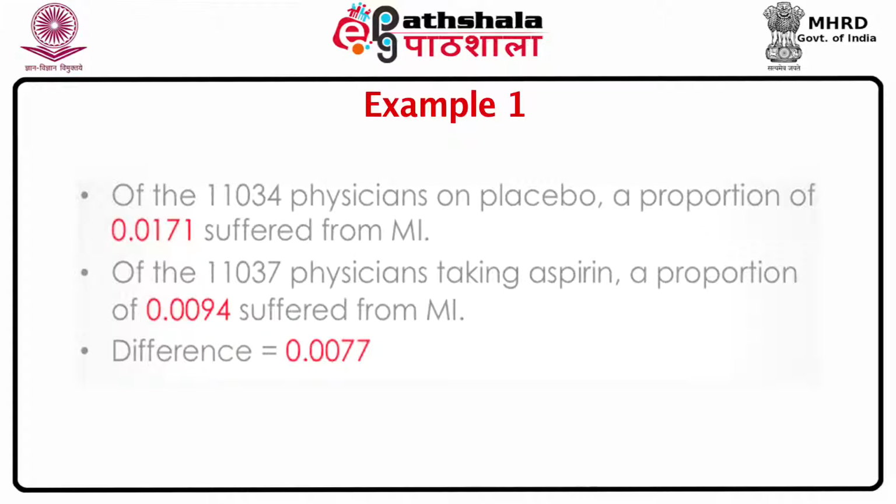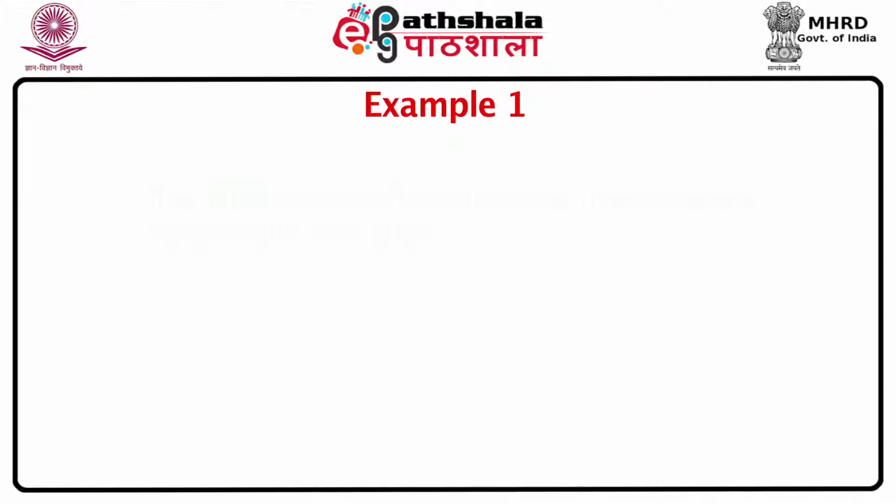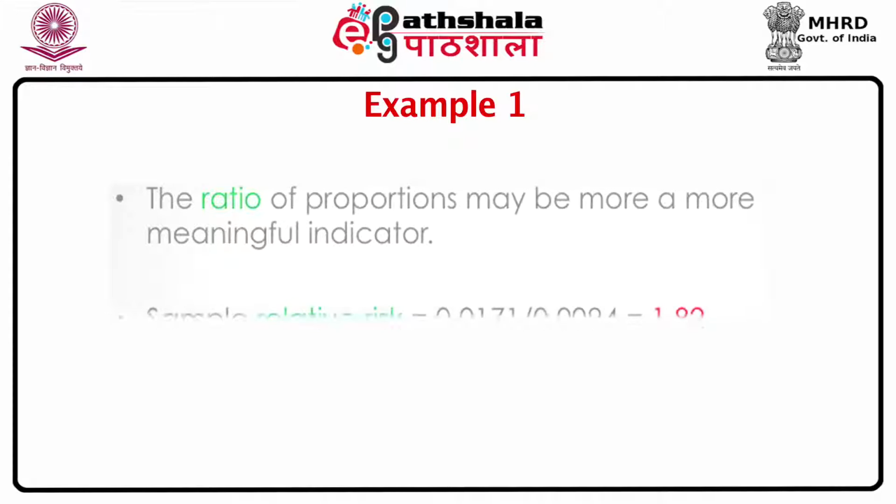We can calculate the difference, which in fact is technically called the risk difference, as 0.0077. We could also choose to look at the ratio of the proportions.